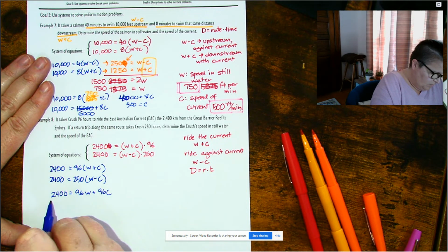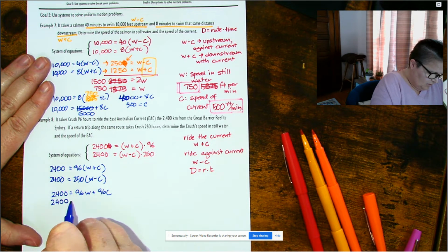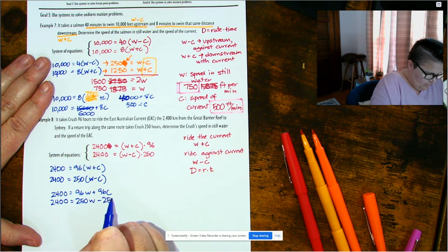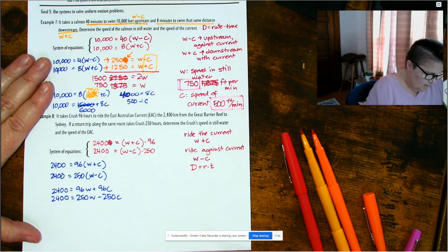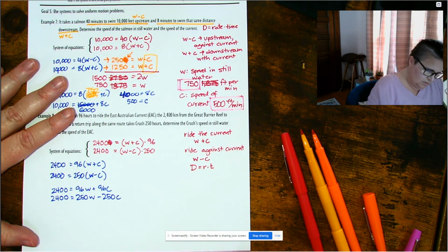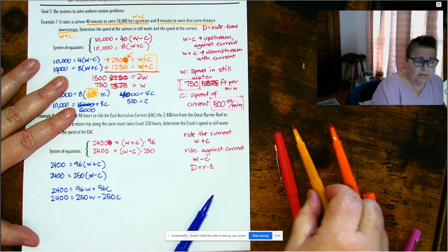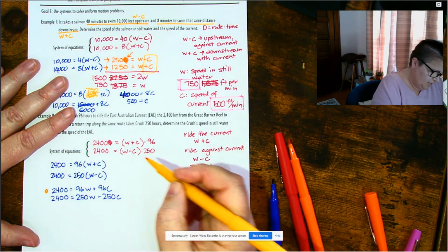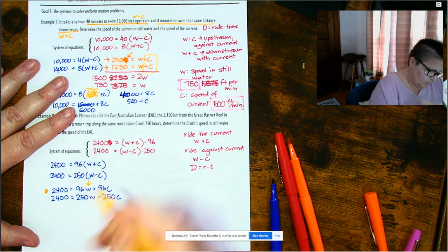And to distribute that 250. And then I'm going to choose, because I want to do substitution, to use the first equation and solve for the W.